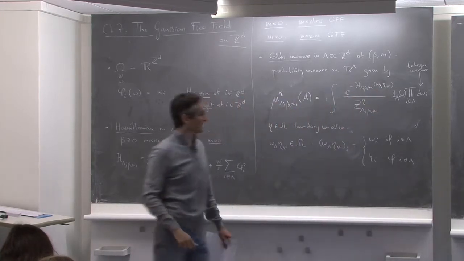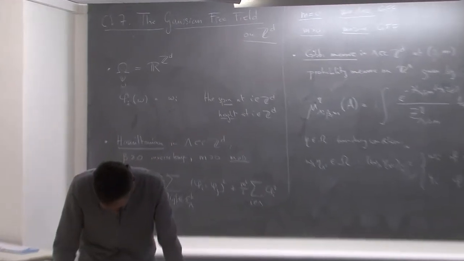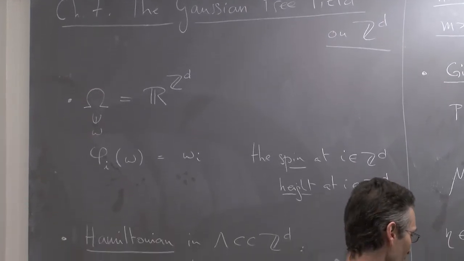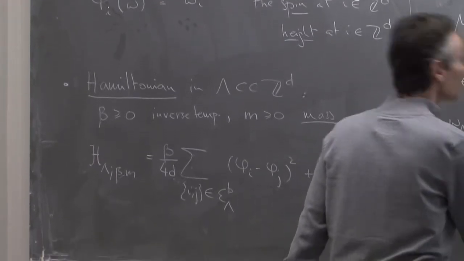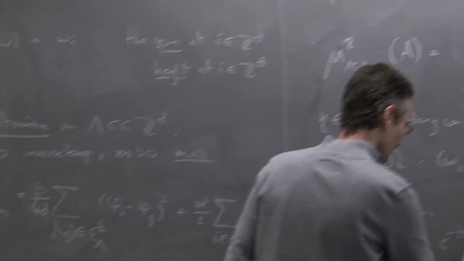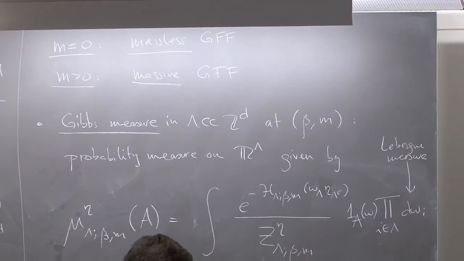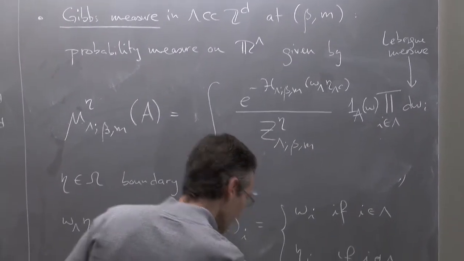You have to properly normalize it by the partition function. Let me just write the partition function, Z lambda beta m eta. It's just the integral of e to the minus H lambda beta m of omega lambda eta lambda complement, product over i in lambda of d omega i.